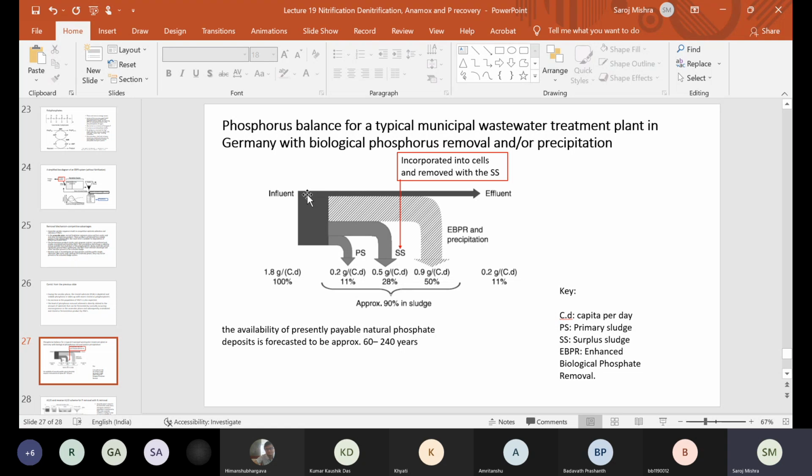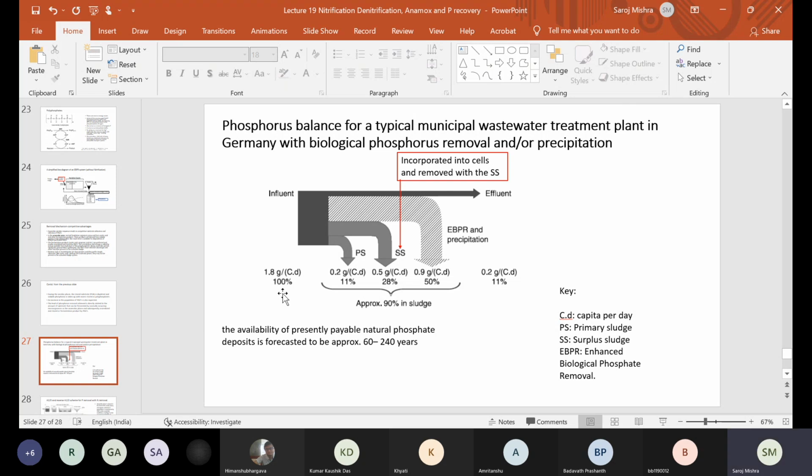The amount of phosphorus present in here is approximately 1.8 grams per capita per day, that is the total per day for the residents of that community. So the influent receives approximately 1.8 grams of phosphorus, which at time zero is considered to be 100%.